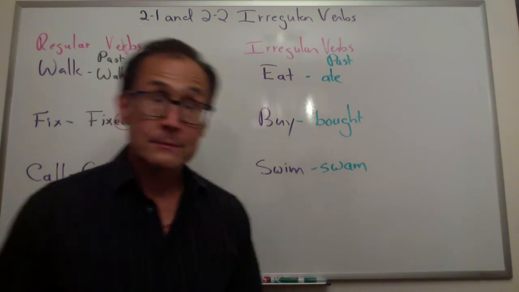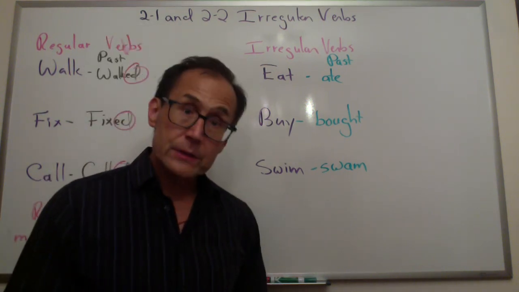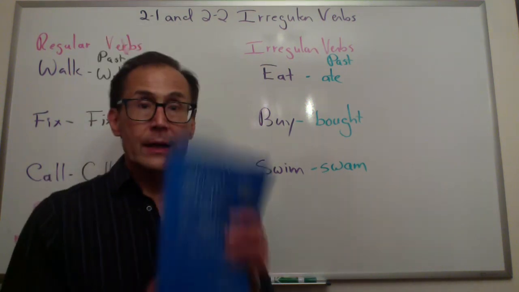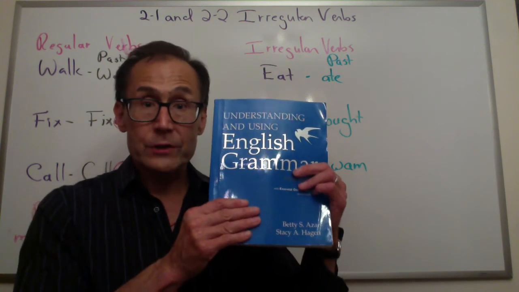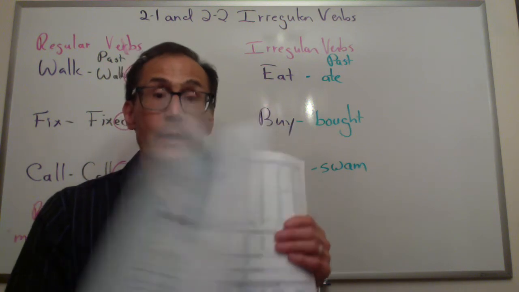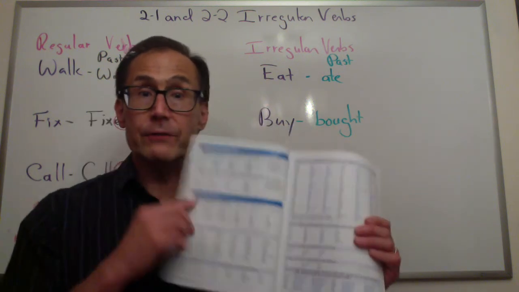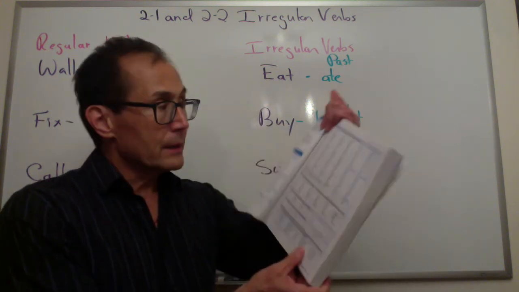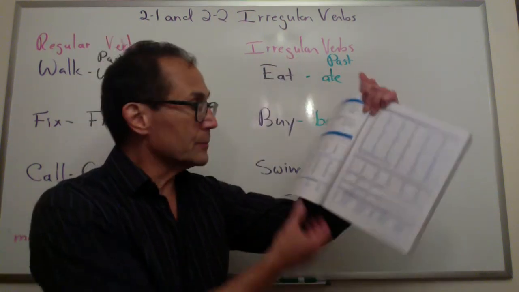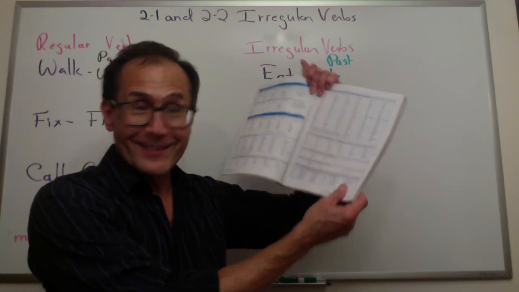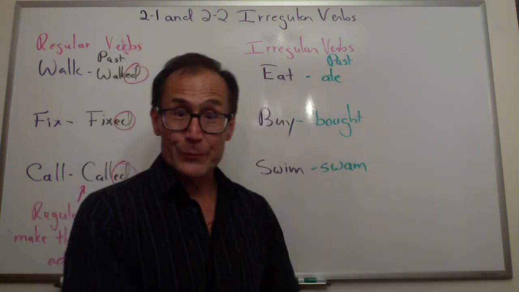Now, after giving you bad news, I also have some good news. If you have this book, or you have another version of Understanding and Using English Grammar, there is a list of irregular verbs. It's not all of them in English, but it's many of them, and it's on pages 26 and 27. That's chart 2.2, okay?